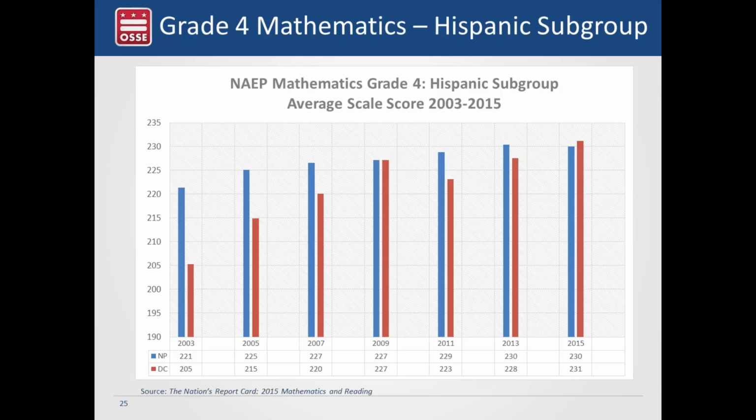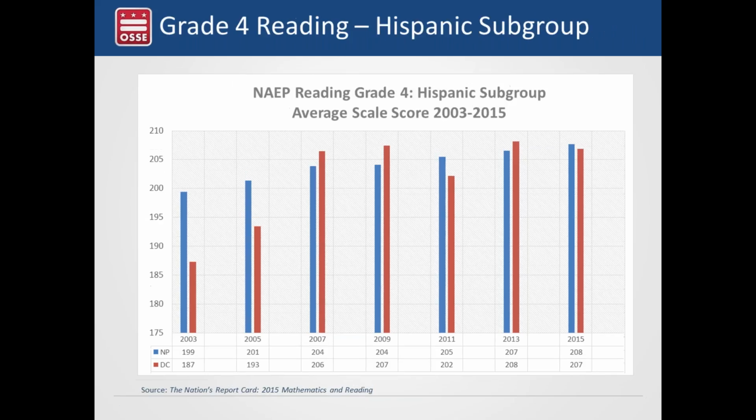Again, the Hispanic students that took the 4th grade math test did better than their Hispanic peers across the nation that took the same test. In 4th grade reading, Hispanic students did better than the Hispanic students across the nation in 2013, but were just slightly lower in 2015.